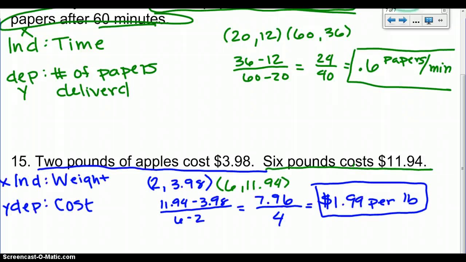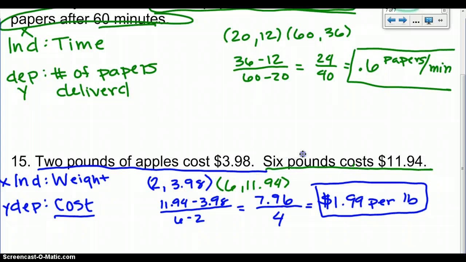Okay, I'm back. You can see what I did. Our independent variable would be the weight of the apples, and then the dependent variable, which depends on how many pounds you have, would be the cost. So then we make our 2 points. So our first point, our x value would be 2, and our y value would be the cost, which is 3.98.